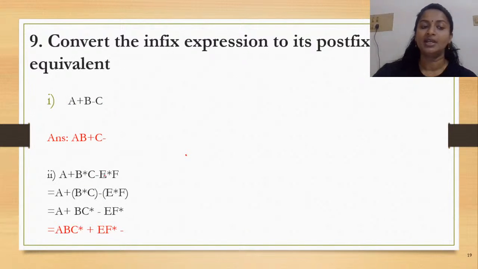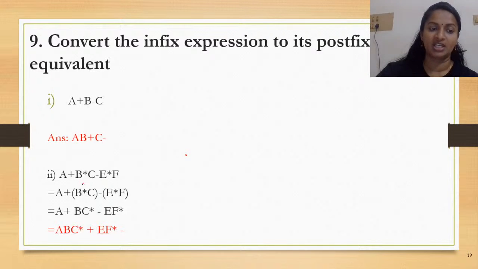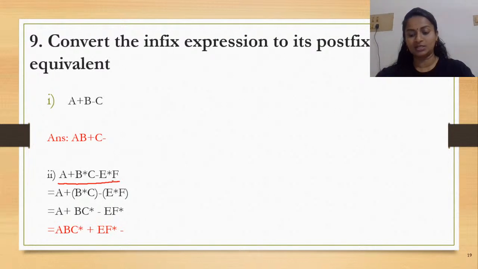Okay. Now let's move on to our second question. What is the second question? See, this is the second question. Okay. Now you travel from left to right. As you travel from left to right, you see there is a plus, asterisk, minus, and then asterisk.